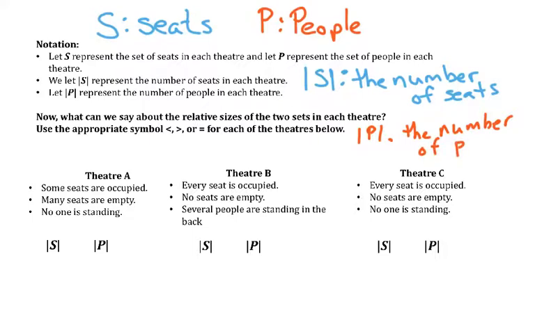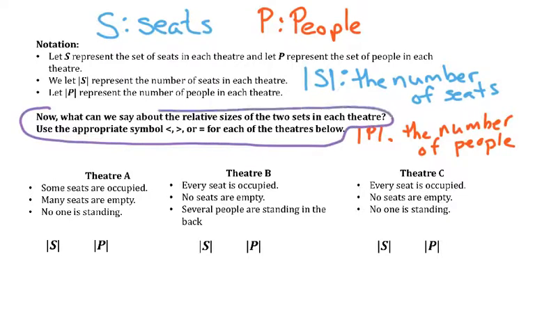Now, we don't know the exact number of seats or the exact number of people in any of these theaters, but we do know the relationship between the number of seats and the number of people. So what can we say about the relative sizes of the two sets in each theater?